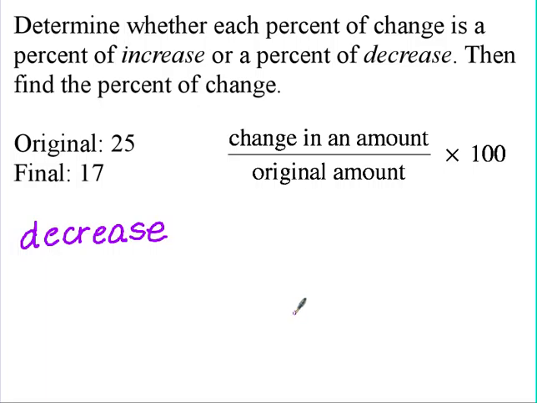Change in the amount divided by the original amount times 100. So what is the change in the amount going to be? 8. Now some people would probably say a negative 8. We're not going to make that a negative 8. We're just going to leave it as 8. Leave it positive. Divided by my original amount, which is what? 25. And so then I'm going to take that times 100.